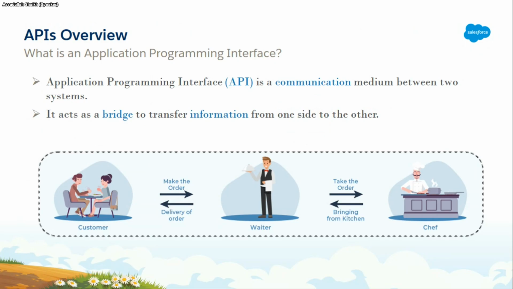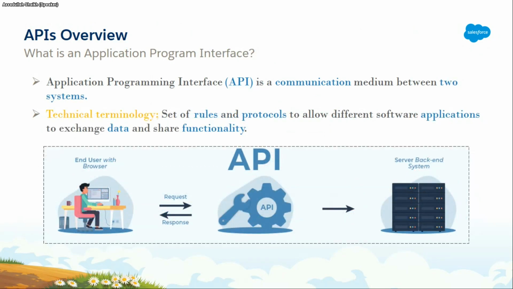You are working on the internet, and you want to communicate with some remote server that is not near to you, and you need a communication medium, and that communication medium is an API, right? Explaining this in technical terminology, an application programming interface is nothing but a set of rules and protocols that allow different software applications to exchange data and share functionality.